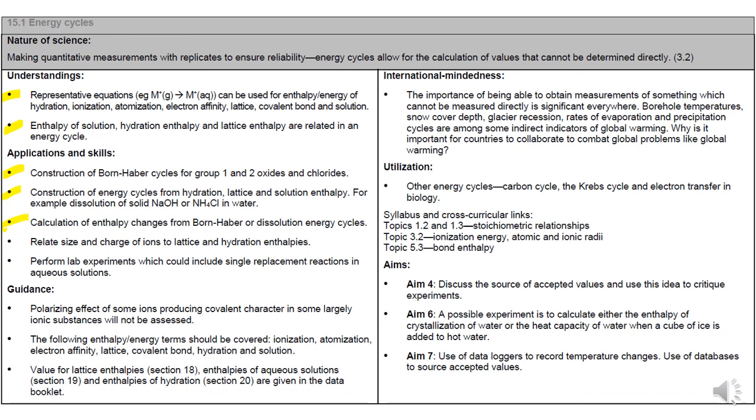We calculated enthalpy change, but again, there's more practice on the questions. We've talked about the size and charge of ions. We haven't done any lab experiments. We talked about the enthalpy terms, and I went through the places in the Databook where we can get that information. Okay, that brings us to the end of 15.1 on energy cycles.